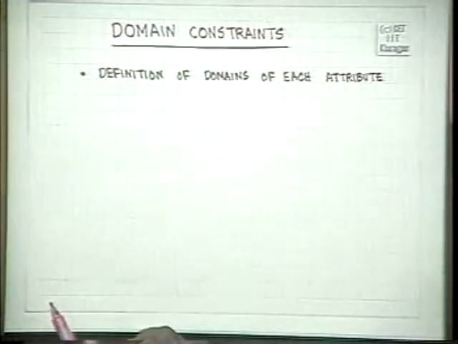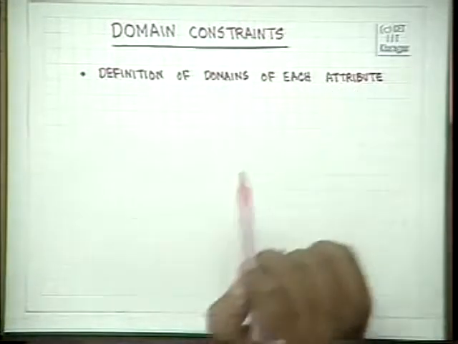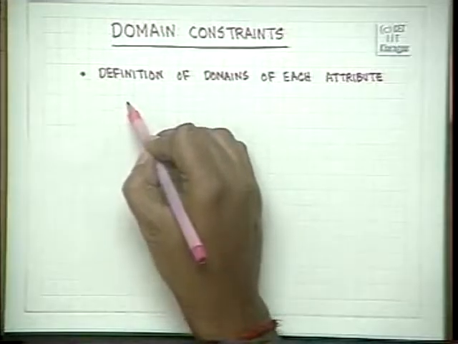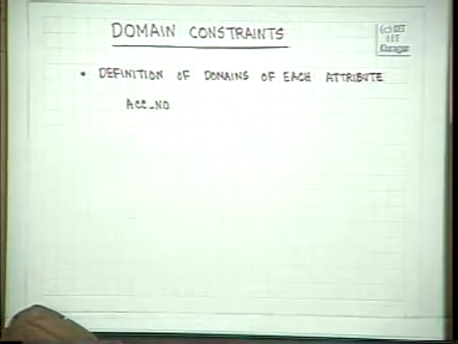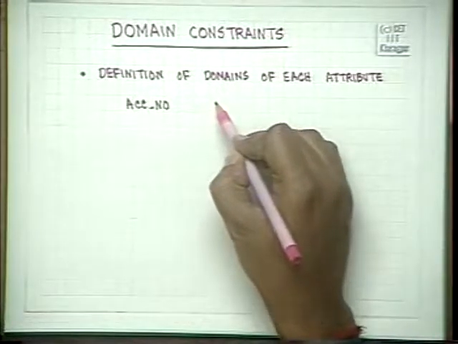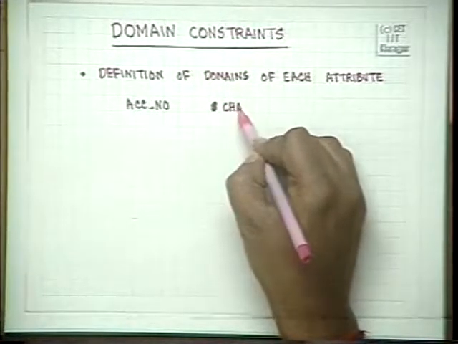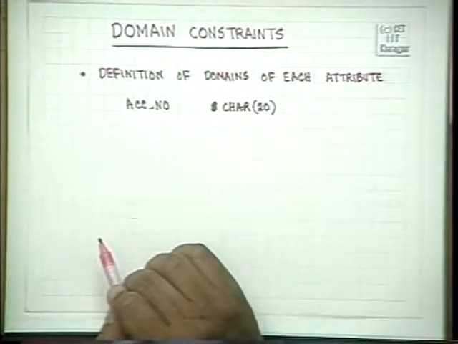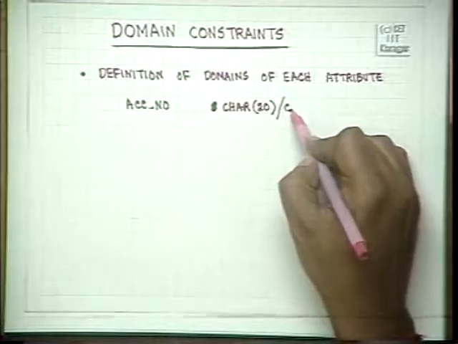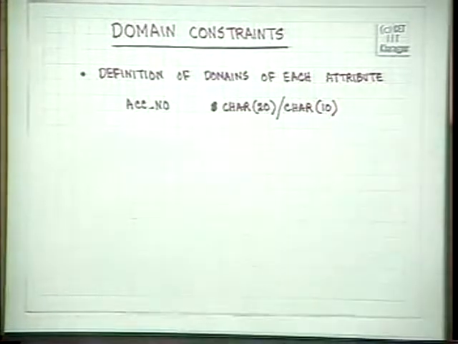The first thing in the concept of domain constraints is the definition of domains of each attribute. For example, we will define the domain or the type of accession number, and we can define it in many ways. We can define it as a character string of length 20, depending on the size which is required, or a character string of length 10.